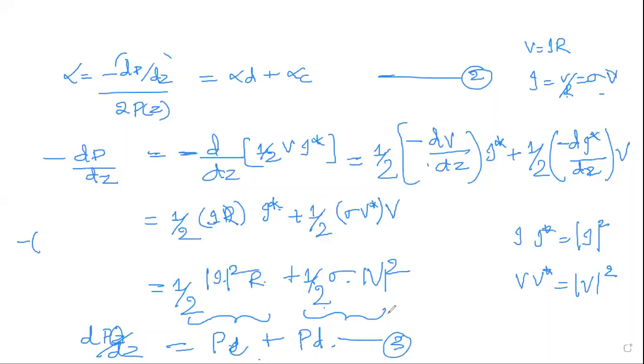This is the gradient power in Z direction. You are writing in terms of power loss per unit length. One will be dissipated by resistance, the other one which is dissipated by the dielectric.